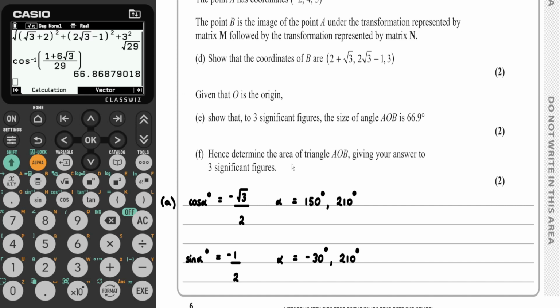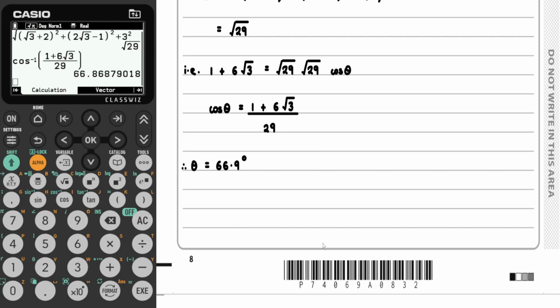Part F, hence determine the area of triangle AOB, giving your answer to 3 significant figures. The area will equal a half times root 29 times root 29 times the sine of 66.9 degrees. So let's work this out.